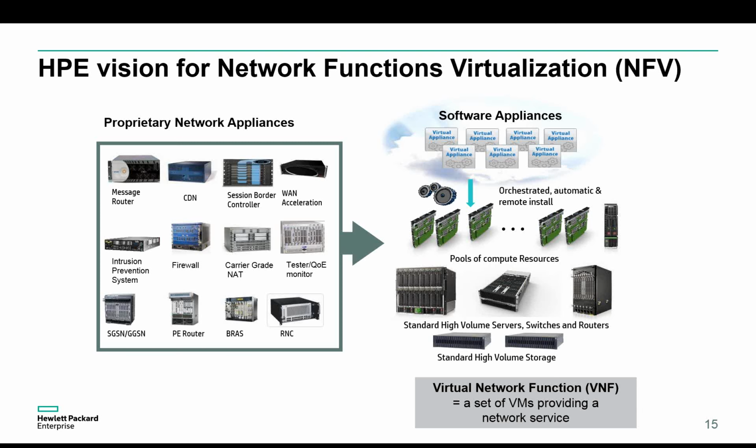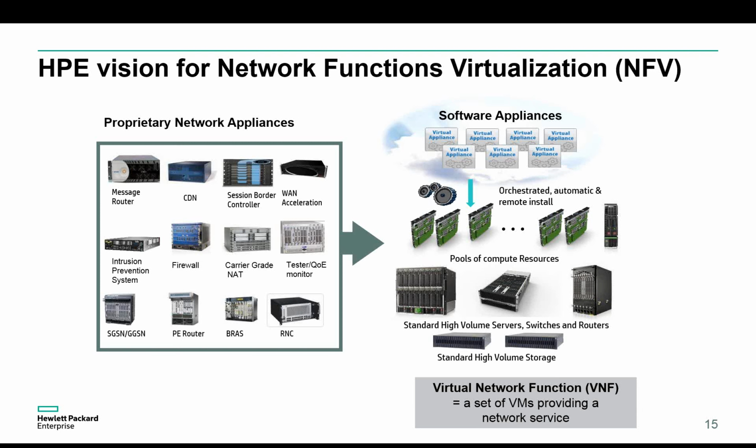And so we're seeing now network equipment vendors offering software-based firewalls, software-based load balancers, and we're seeing network infrastructure managers begin to deploy those as hosted virtual machines on pools of shared compute resources.